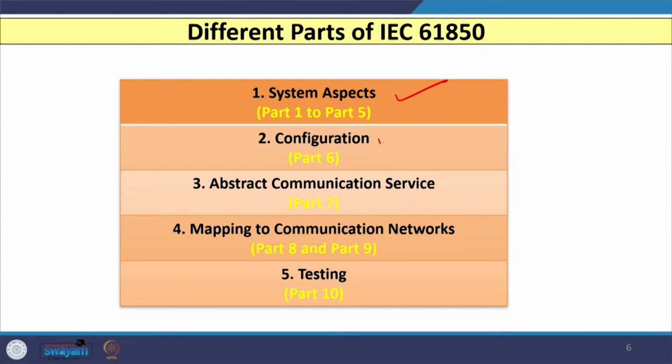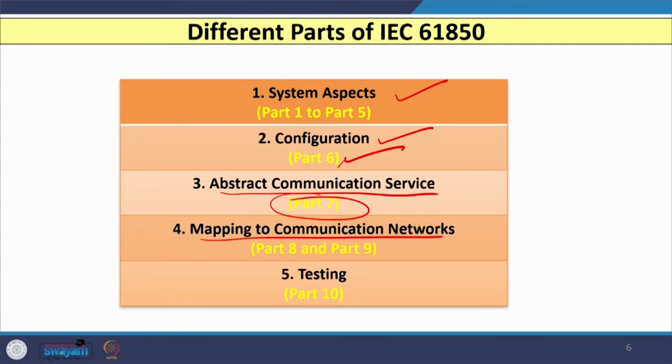The second is related to the configuration: the configuration of the network or IED, which is discussed in part 6. The third important point is related to the abstract communication service. How communication is carried out, the entire process, is discussed in the third part, and that is basically in part number 7. The fourth is related to the mapping to communication network.